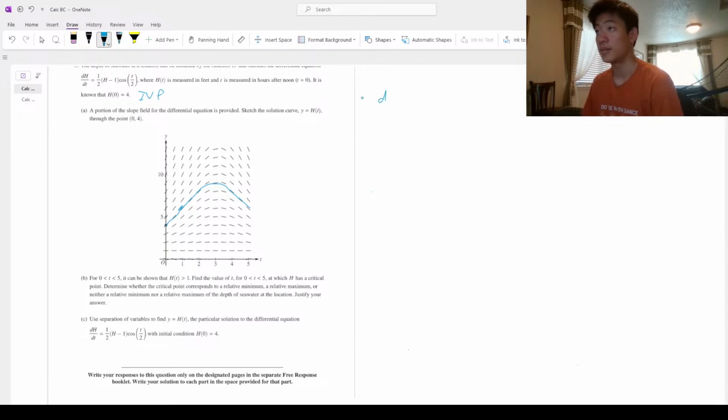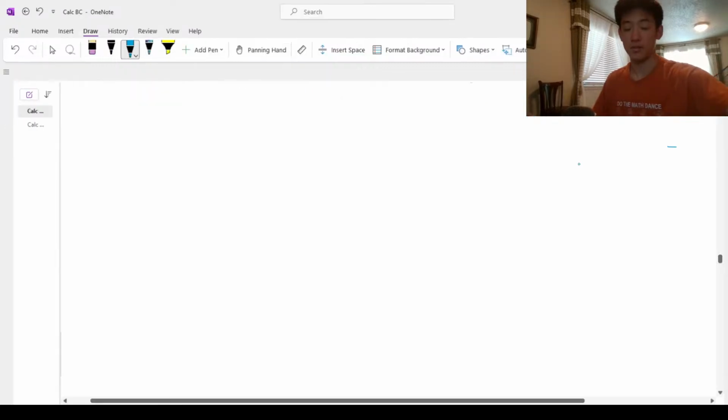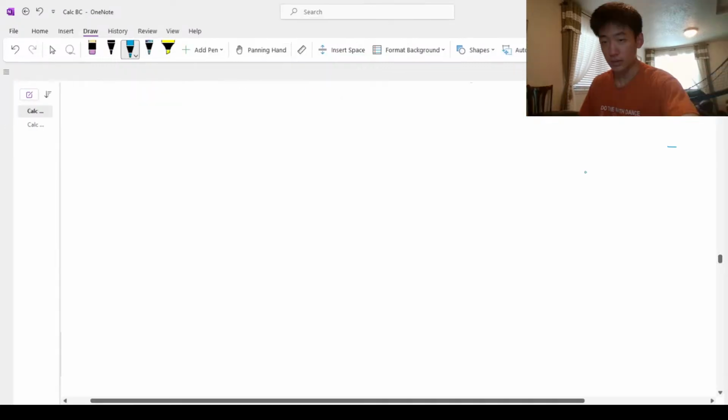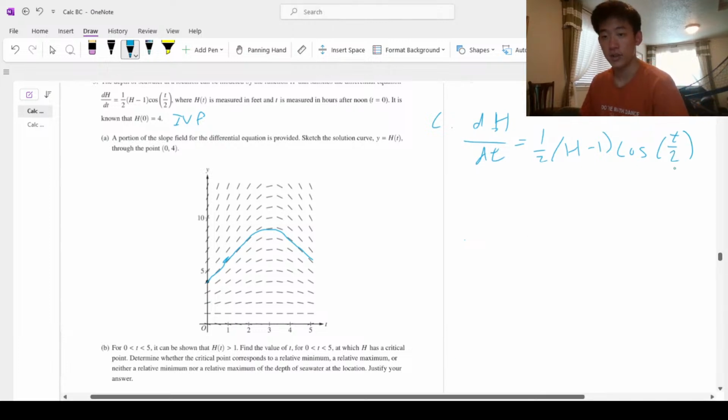This is part c now: dh over dt equals 1/2 times h minus 1 times cosine of t over 2.